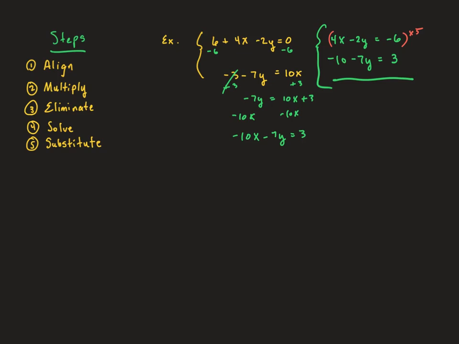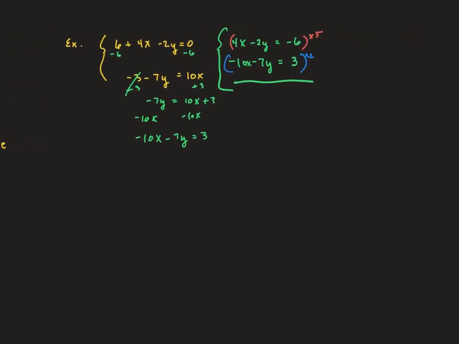4x times 5 is going to give me 20. And then if I multiply the entire other equation by 2, then that would end up giving me a -20x, and that would give me the opposite that I'm looking for.